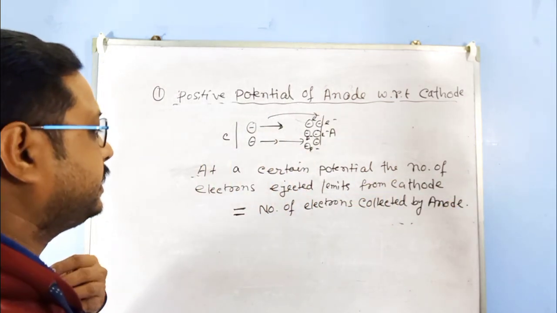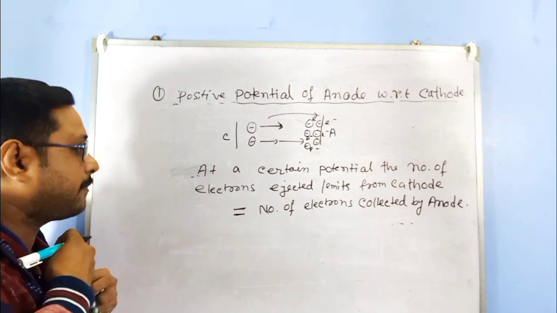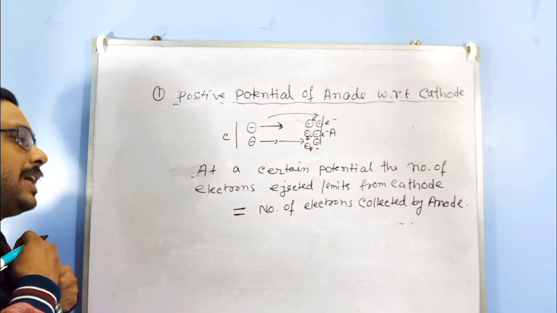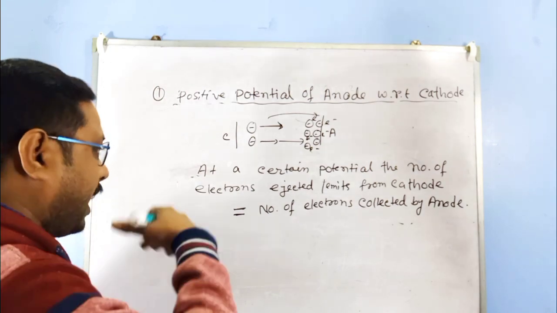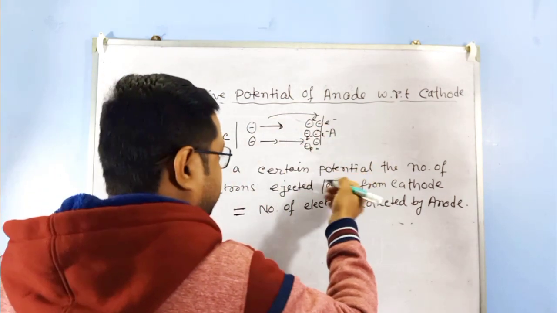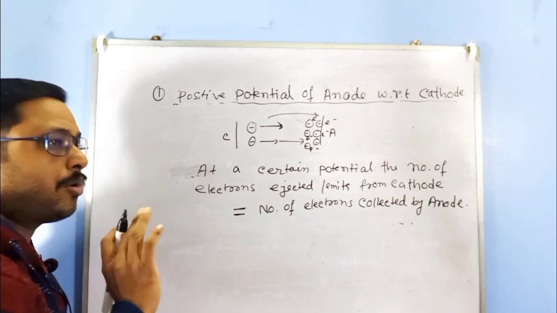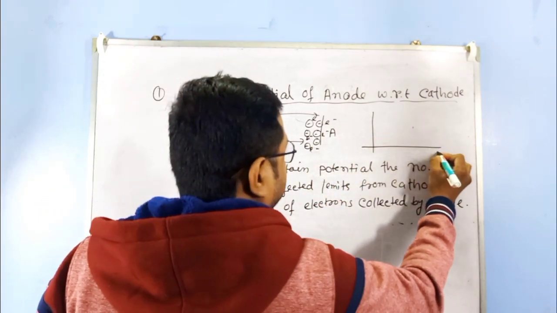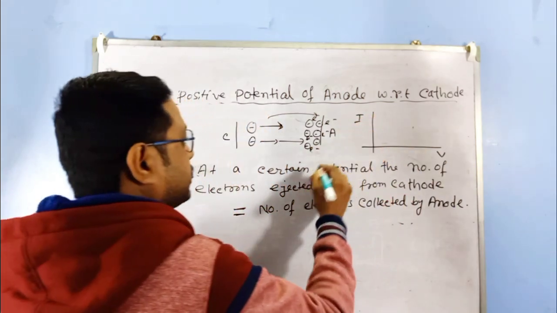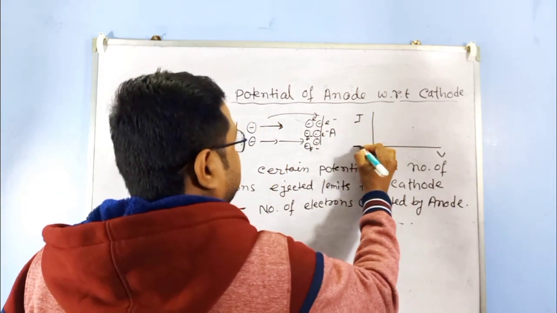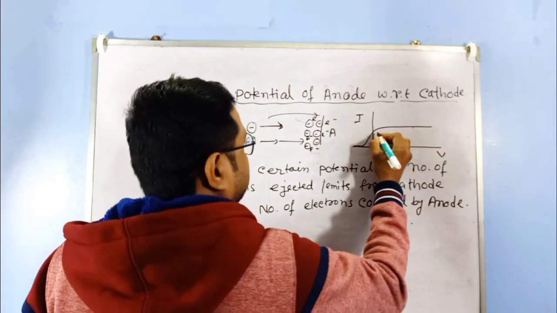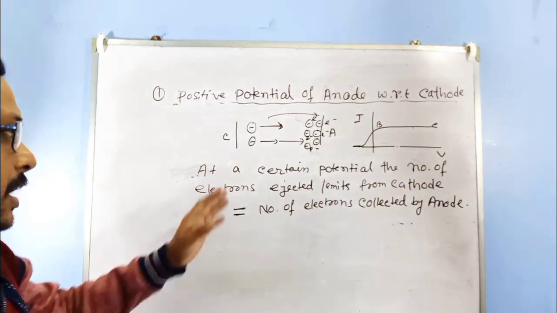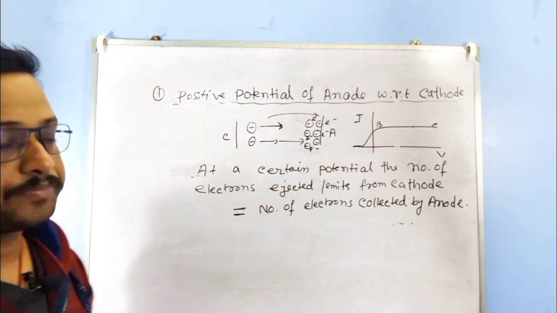So, when these two are equal, that is, the number of electrons emitted equals the number of electrons collected, then however much the potential increases, the current will not increase. If we plot potential versus current for positive potential, we see that the current does not increase after a certain potential.